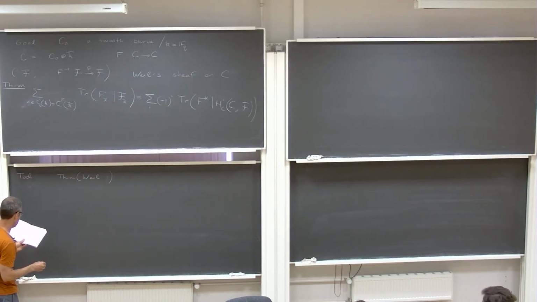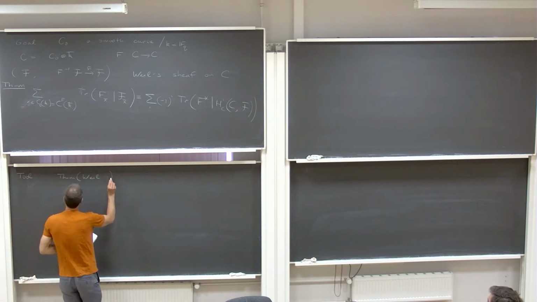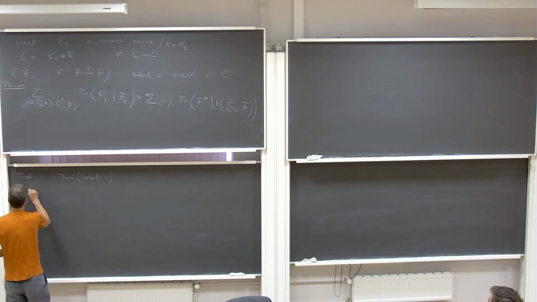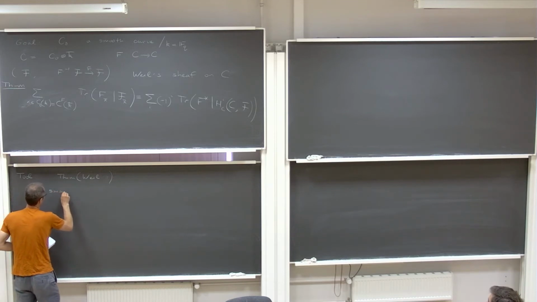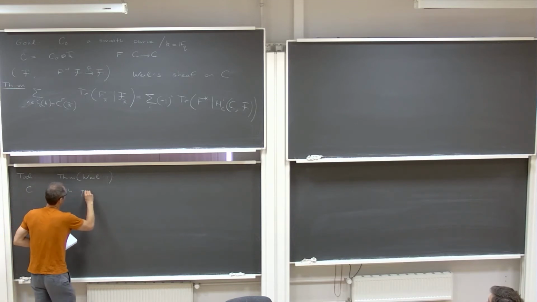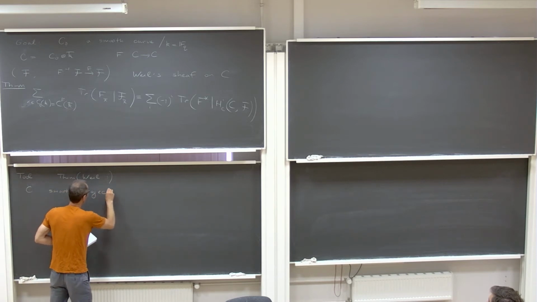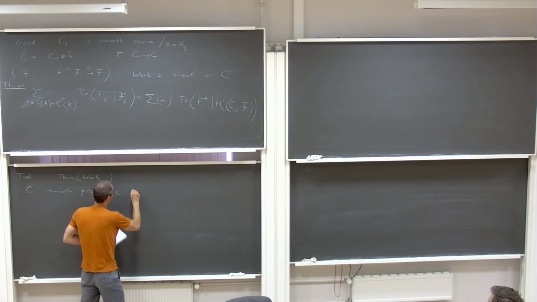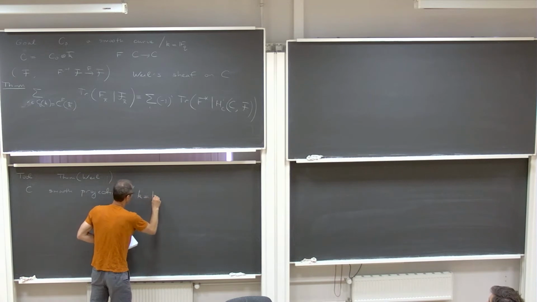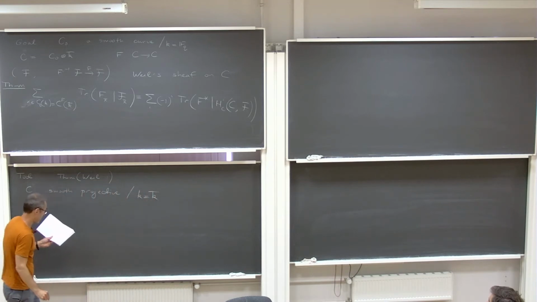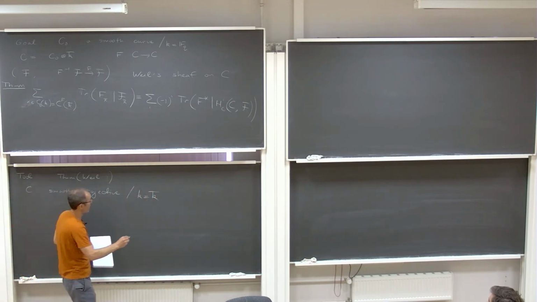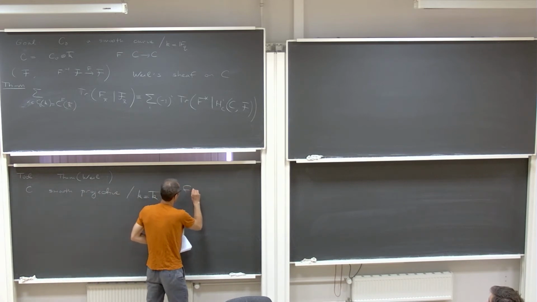Let's formulate it as follows. Let C be a smooth projective curve over an algebraically closed field. And suppose this time that we have any map, not necessarily the Frobenius.